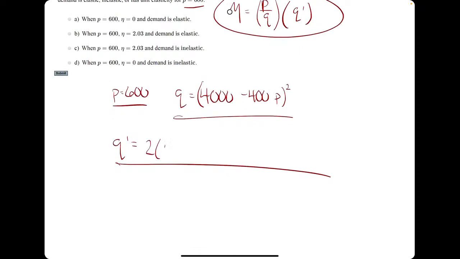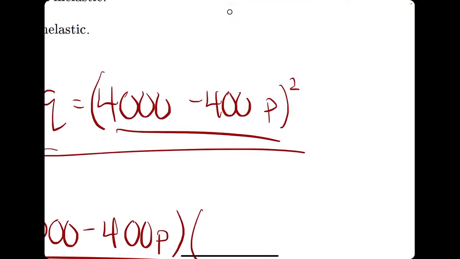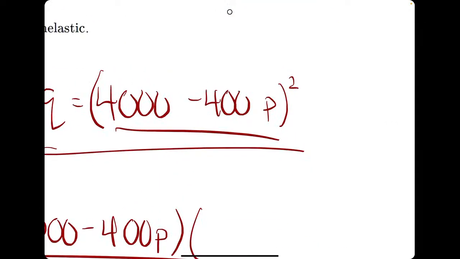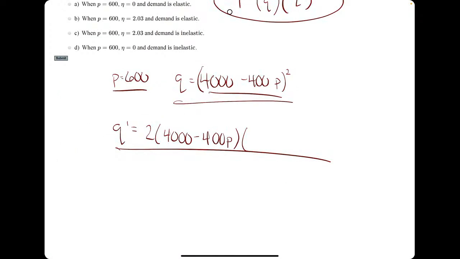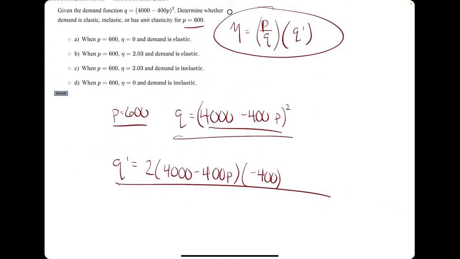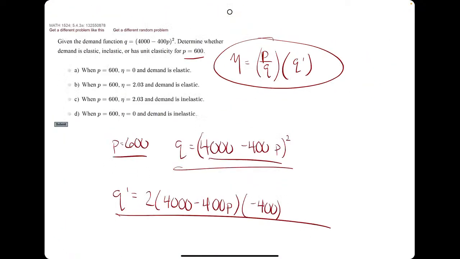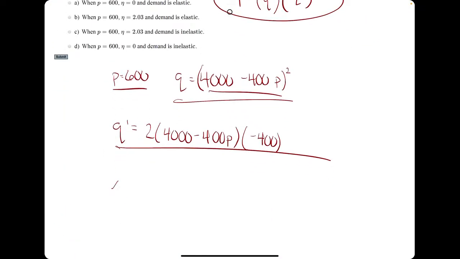We use chain rule. We bring that 2 out in front, leave the inside the same. The exponent goes to 1, so it basically goes away. And then we multiply by the derivative of the inside. 4,000 goes to 0, minus 400p goes to negative 400. This is Q prime. So watch what happens when we plug in for P. Again, I'll just use P, keep everything in general terms for the time being.